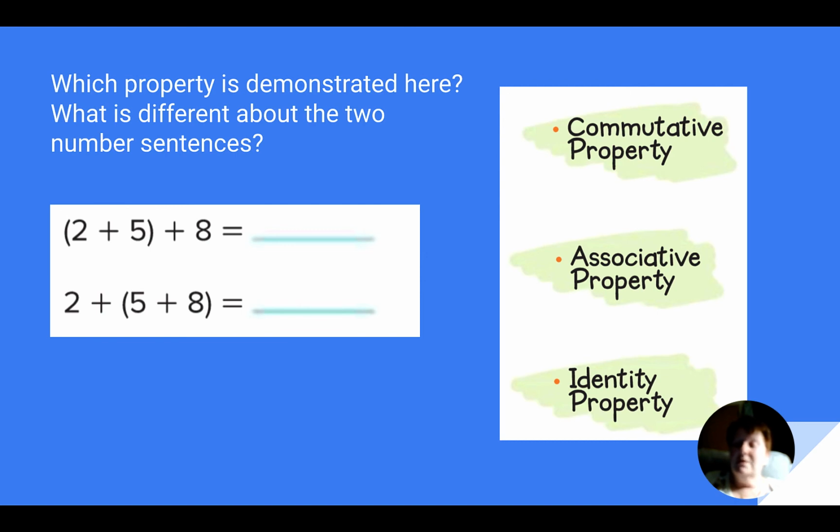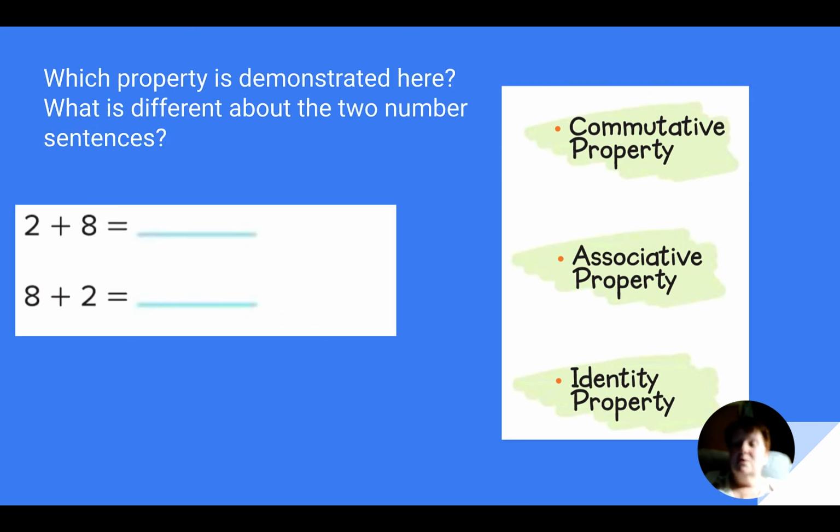The grouping of the digits. So which one did we say that one belongs to? Is that a commutative property, an associative property, or an identity property? That is the associative property. Only the parentheses change. The grouping changes because those parentheses move.